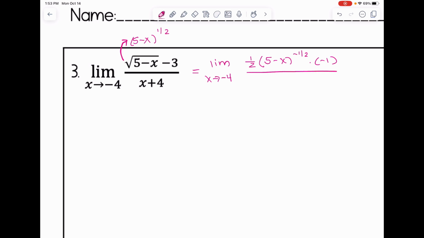And the derivative of x plus 4 is just 1. So let's rewrite this again and clean this up a little bit. I'm going to get rid of the 1 on the bottom, and put this back in the proper format. So I'm going to have a -1 on top, 2 square root of 5 minus x. Basically just cleaning up everything I have on the previous line. Now let's reevaluate.